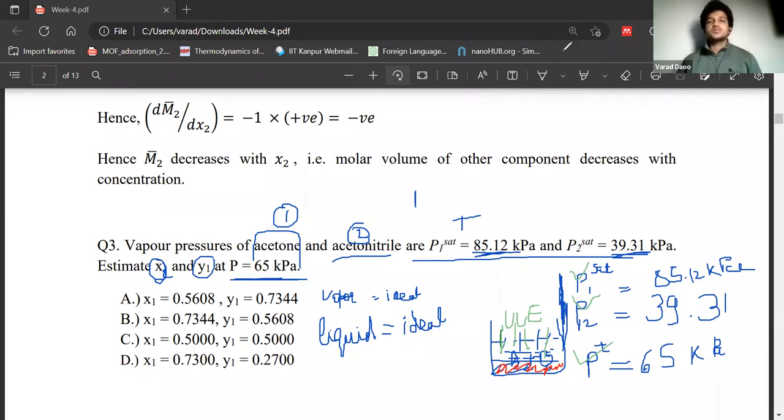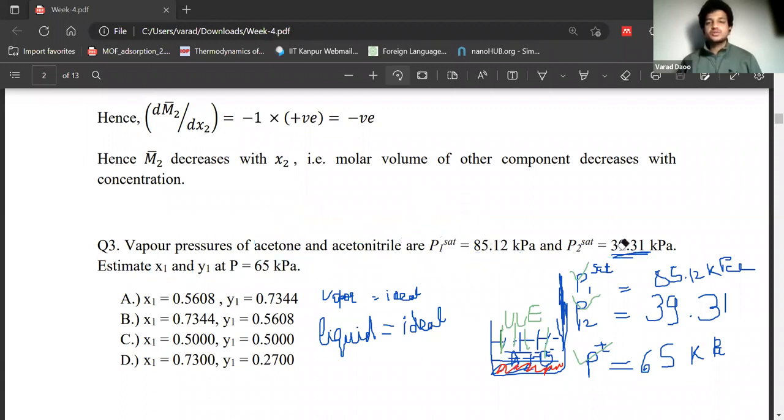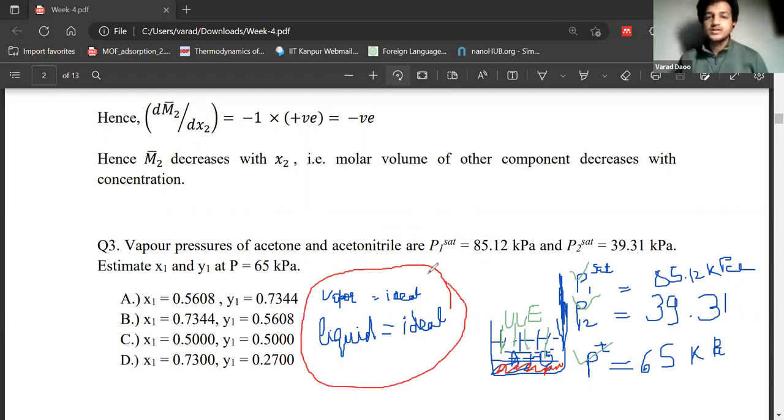I'll give you a couple of minutes to try the question. I hope the question is clear to everyone. If not, you can ask. And for those doing the calculation, remember vapor and liquid both are ideal.